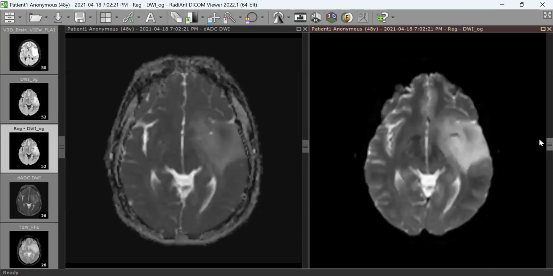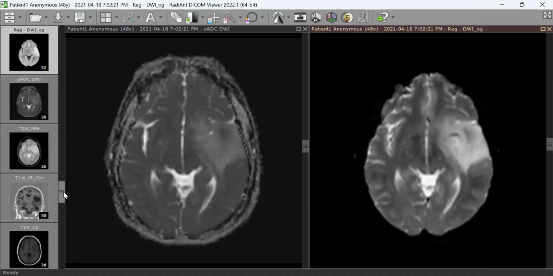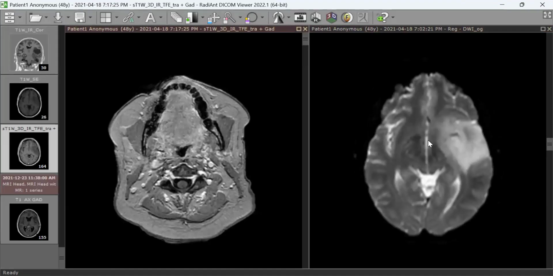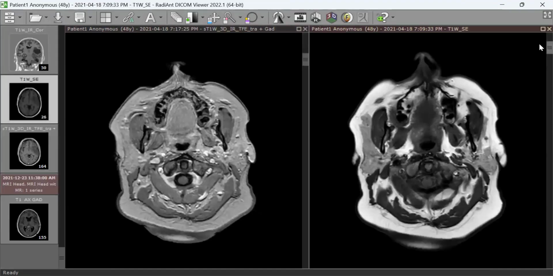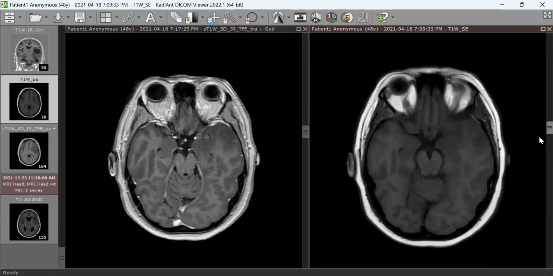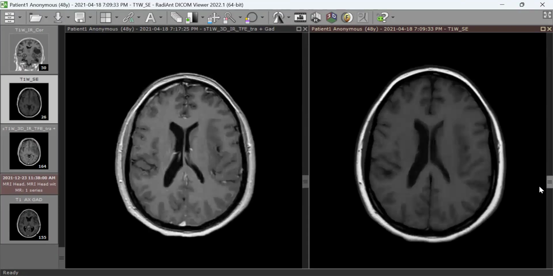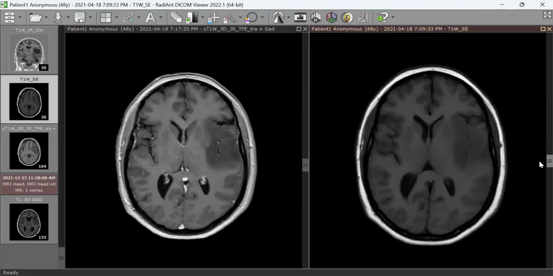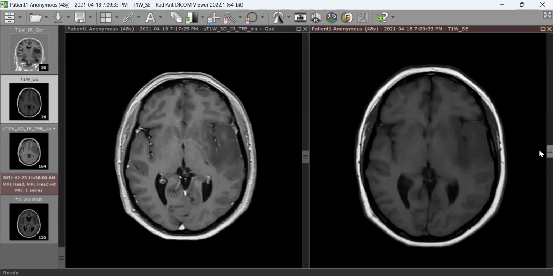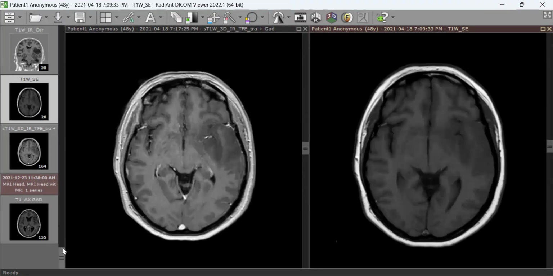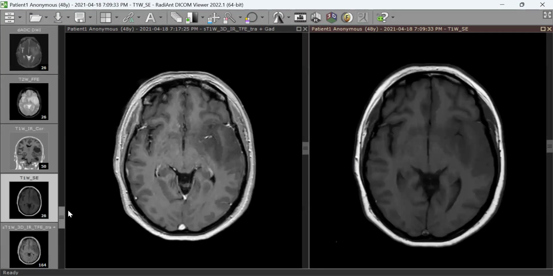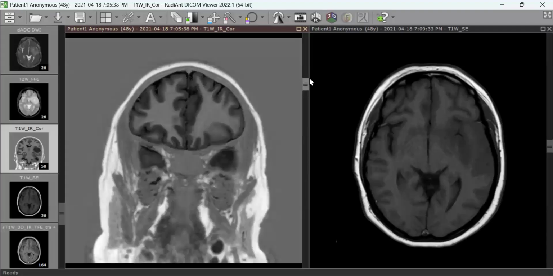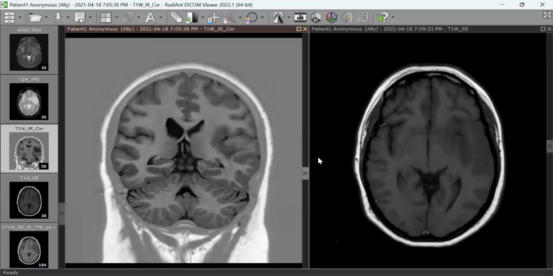Yes, there's no significant restriction. I agree with you. And this is T1 pre and post. Also, no significant enhancement, and there is no mass effect, no peri-lesional edema, no shifting of the midline.